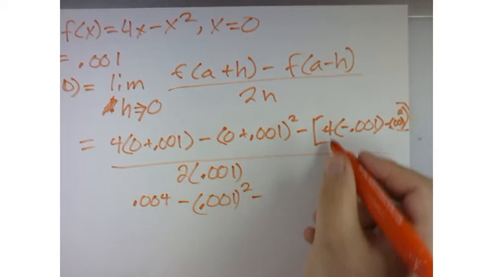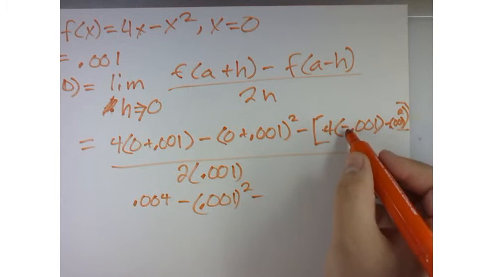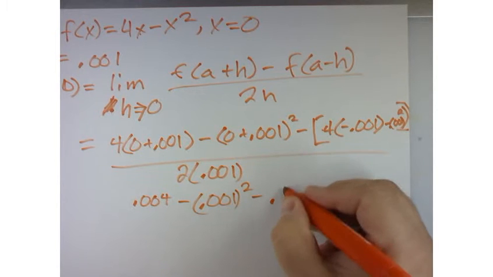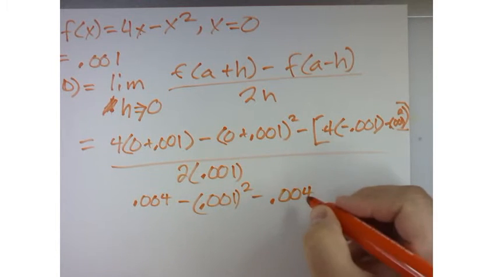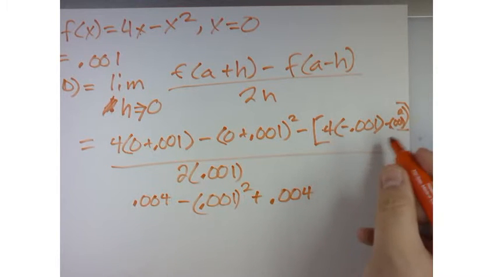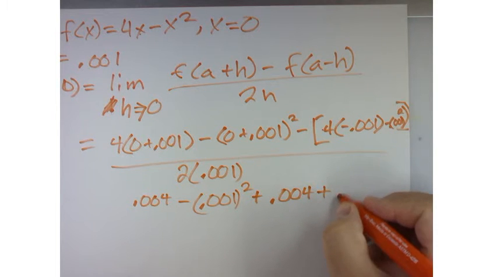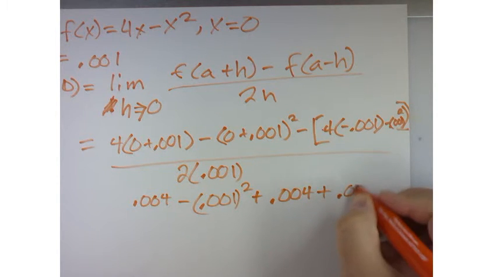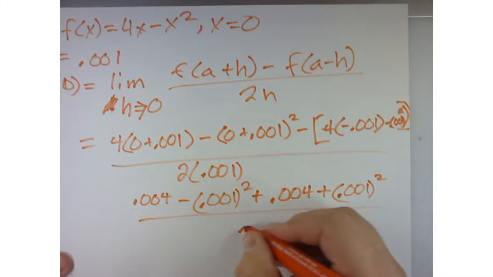Yeah, so now this one will be minus minus, which actually becomes a plus. So this will be 0.004, but that becomes positive. And then we minus another minus, which becomes a plus, which will be 0.001 squared all over 0.002.